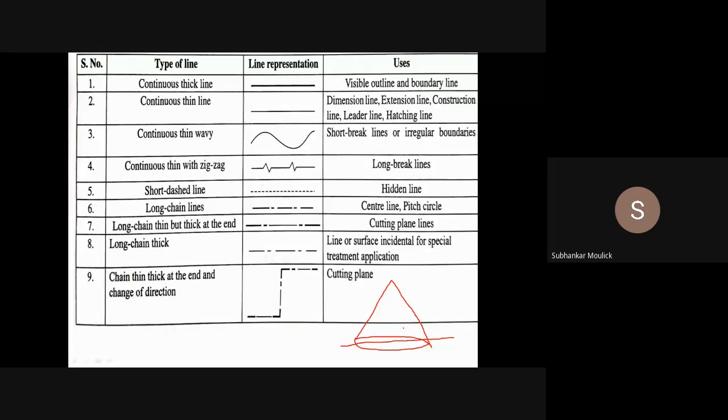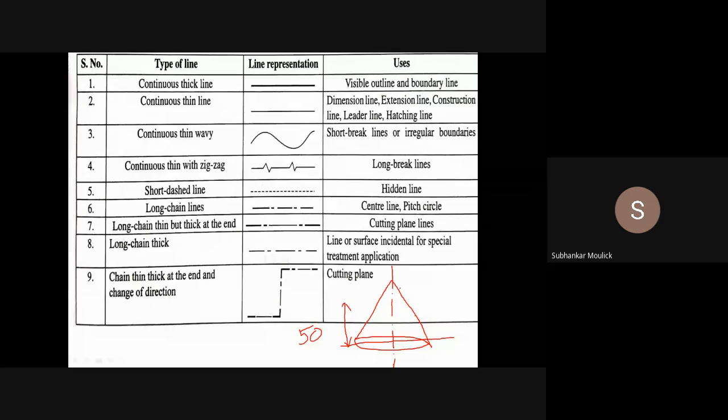The axis of the cone is represented by the dash dot central line. Assume that this particular distance from the bottom is 50 mm.